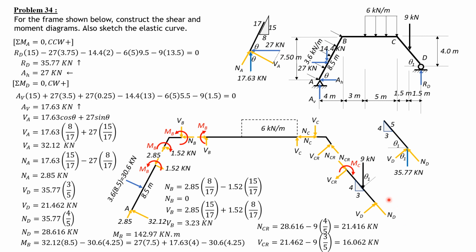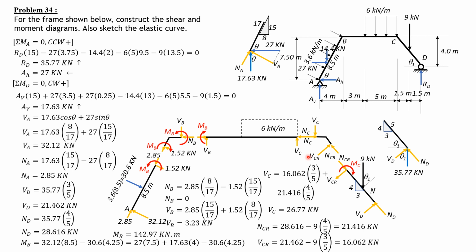So next, N_C is equal to N_CR times cosine theta, V_CR times sine of theta. N_C is rightward.